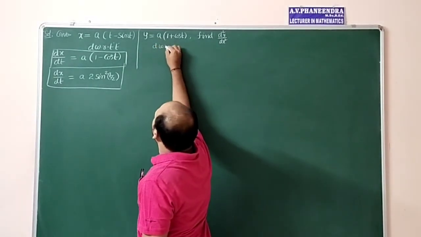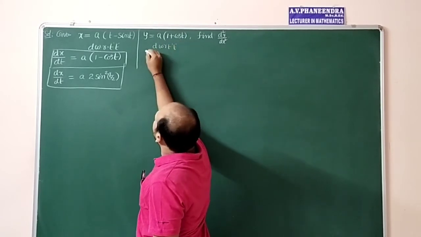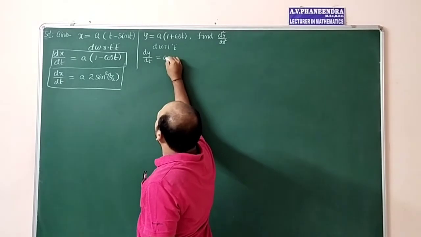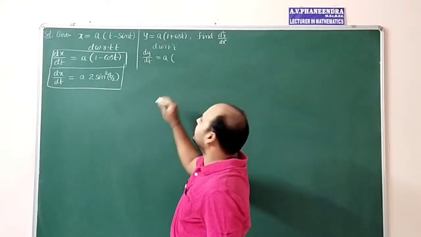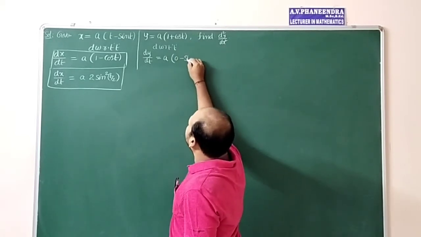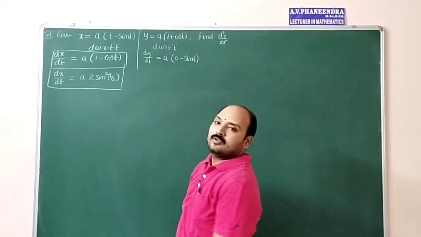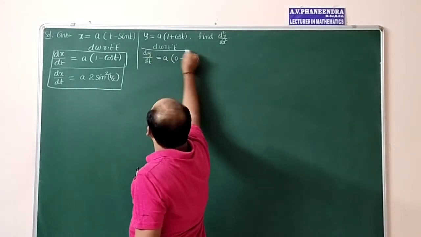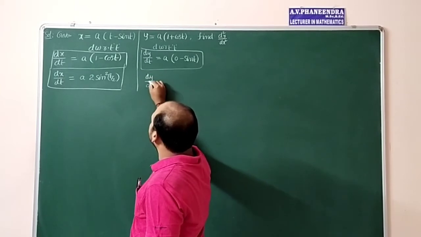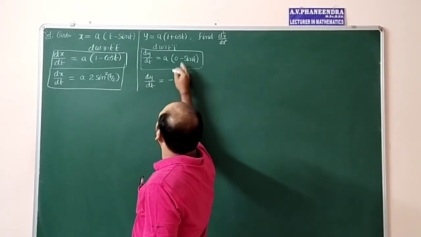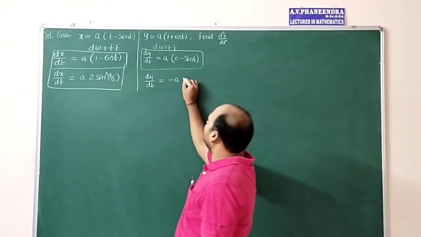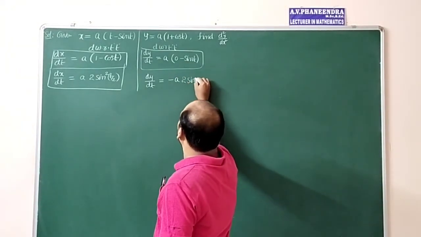Differentiate with respect to t. dy by dt is equal to a into d by dt of constant 1, which is 0, plus d by dt of cos t, which is minus sin t. We can write dy by dt as minus a into sin t, which in terms of half angles is 2 sin t by 2 cos t by 2.